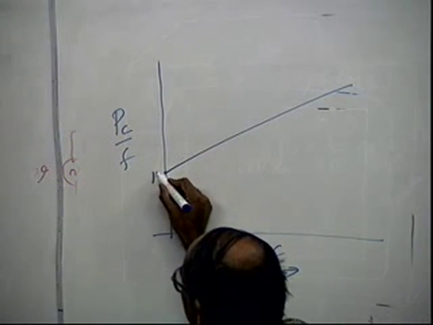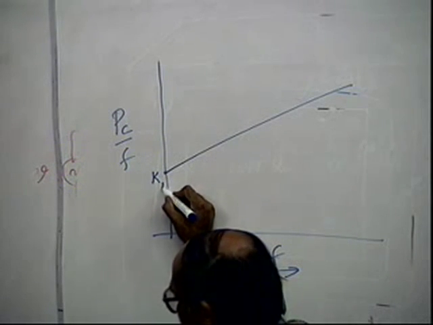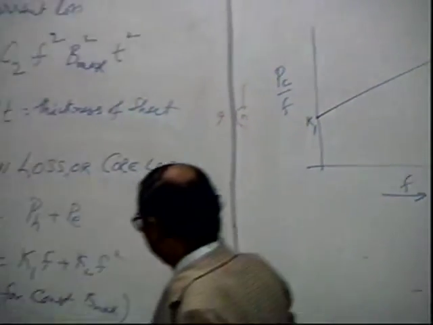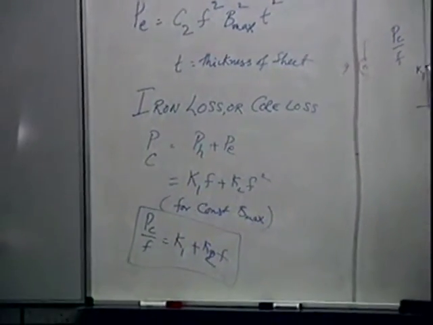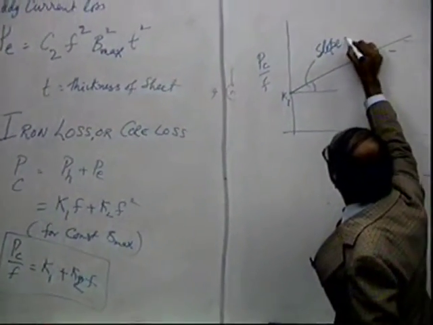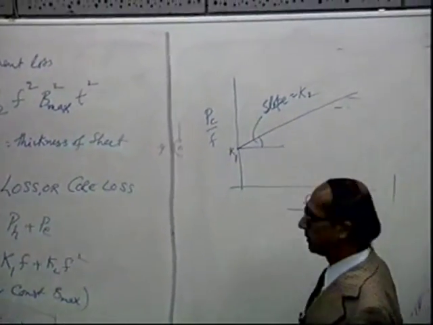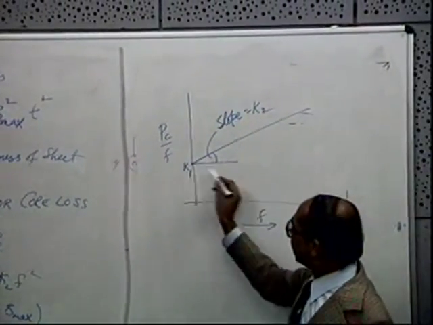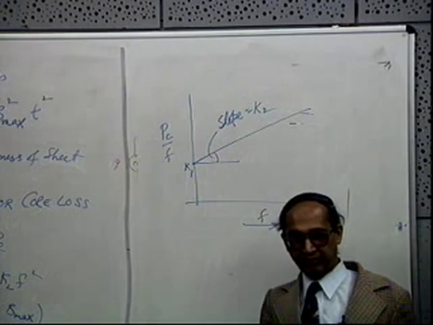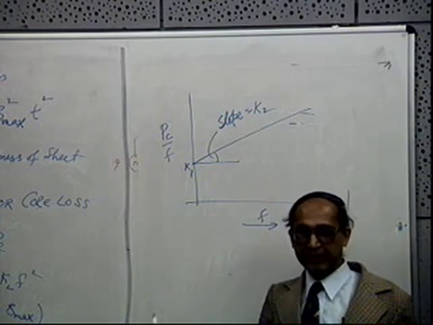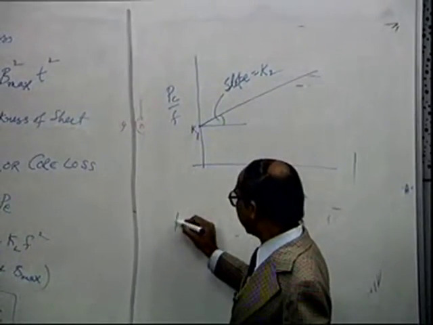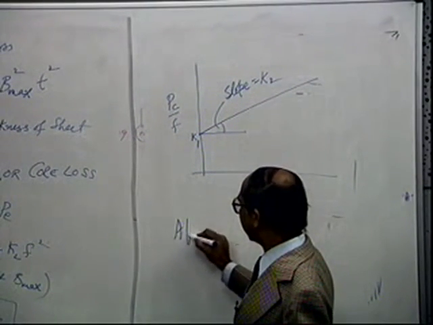So this will be K1 and the slope K2. If you can calculate or measure the core loss at different frequencies, you can separate them also.